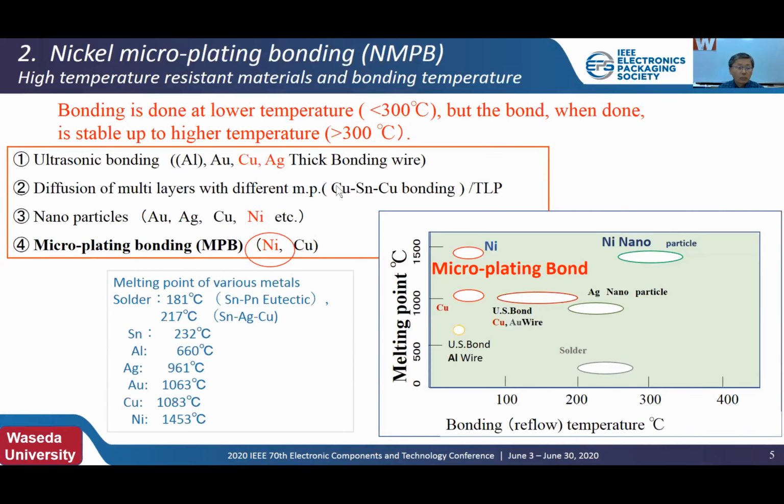We have been proposing nickel microplating bonding, which is processed around 55 degrees C for the materials in nickel of melting point over 1400 degrees C. Nickel was selected as an interconnection material since nickel exhibits relatively lower electrical resistivity, excellent corrosion resistance, and thermal stability.